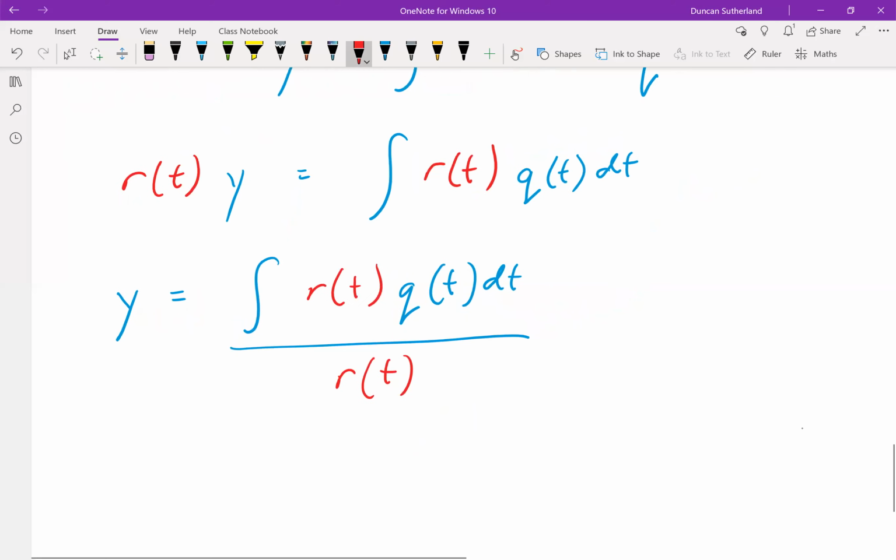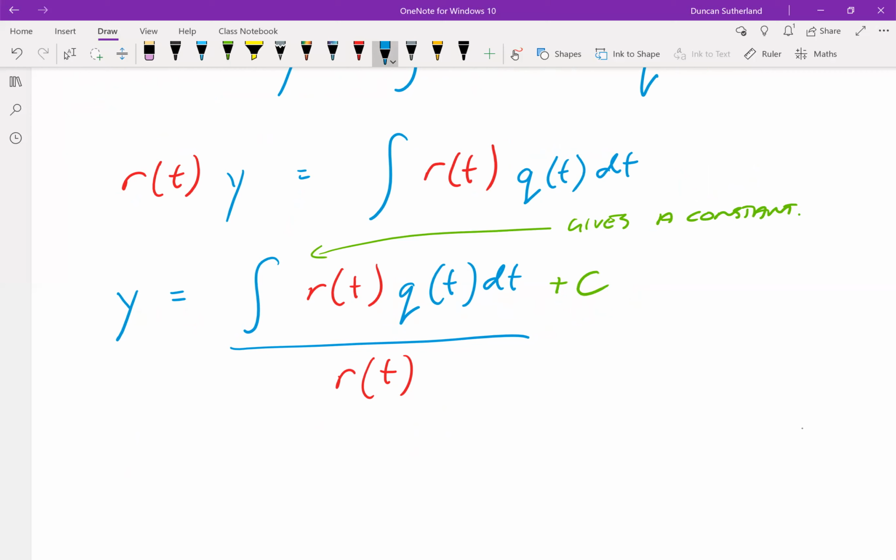Now, it's often worth remembering that this integral yields a constant. And so we can put it there. All right. It's not actually necessary to write it in this form.